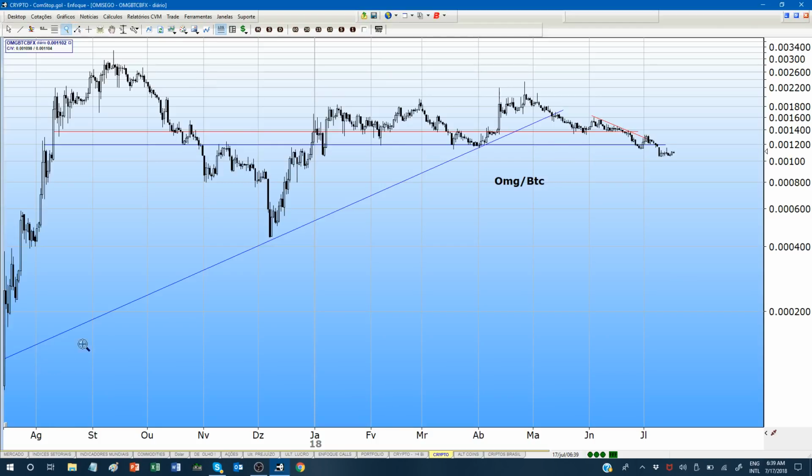OmiseGo broke the support trend line and broke this support line, and is flagging down after breaking it, so it's probably going to its next support level at 0.0008, which is 80,000 satoshis, right?